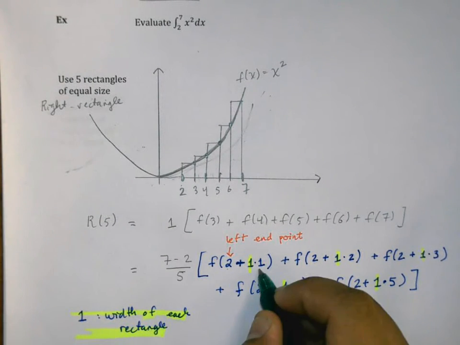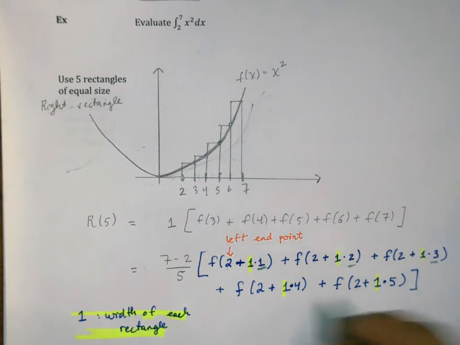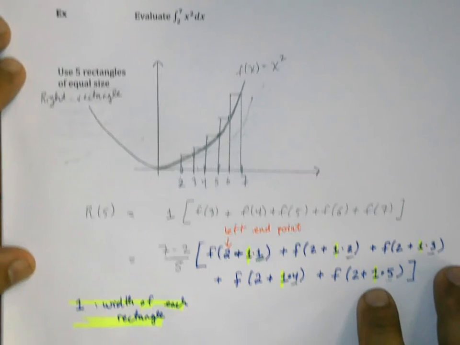I don't know if you can see this here. 1, 2, 3, 4, and 5, those are our iterators.